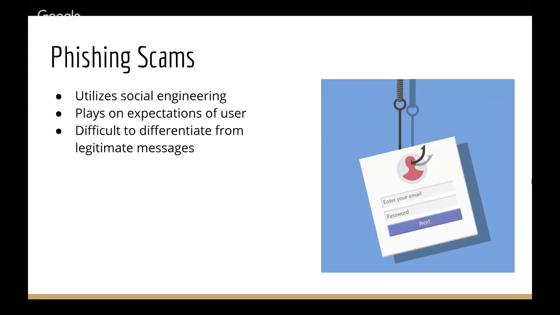Another method that we think might have been used, possibly in association or in addition to the brute force attack, is phishing scams. Phishing scams use social engineering techniques where they play on the expectations of the users.